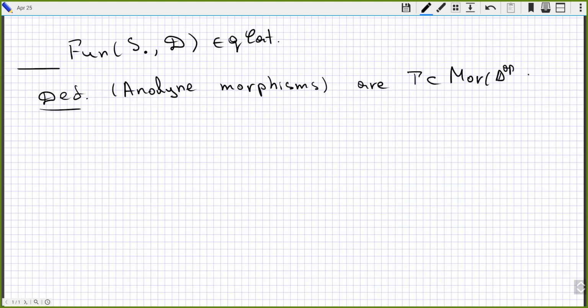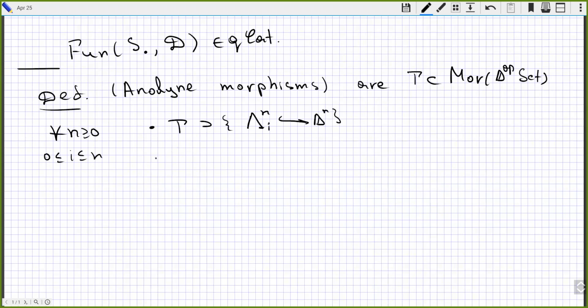Let T be a set of morphisms of simplicial sets, such that the condition holds that T contains all the horn inclusions and that T is weakly saturated.